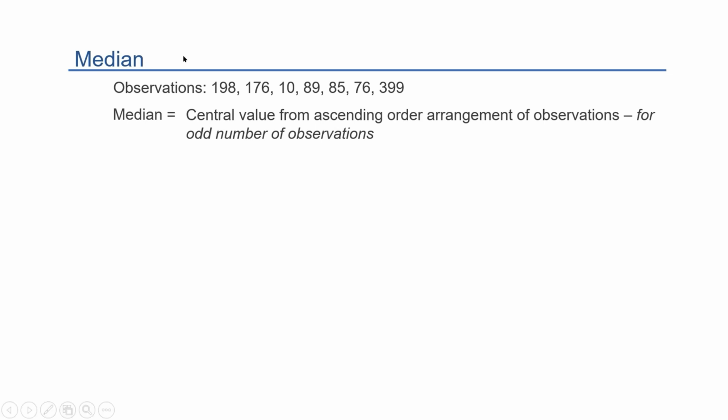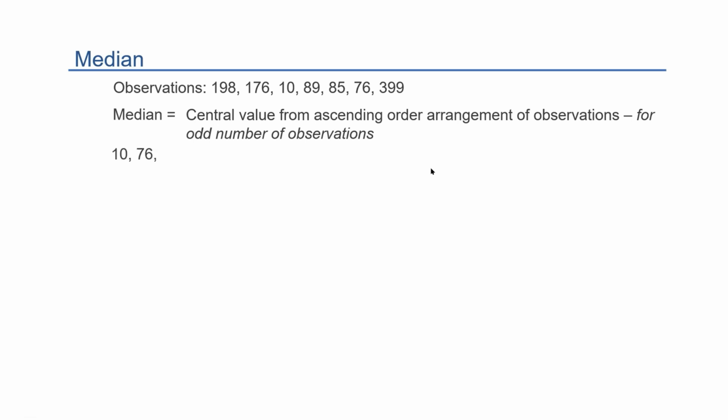We take the central value from an ascending order arrangement of observations for an odd number of observations. Here we have 7 observations, so 7 is an odd number. In this case, we take just the middle value when we arrange our data in ascending order.